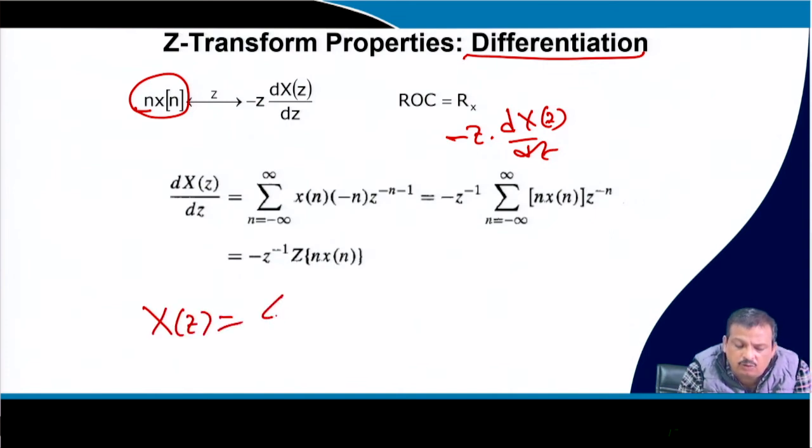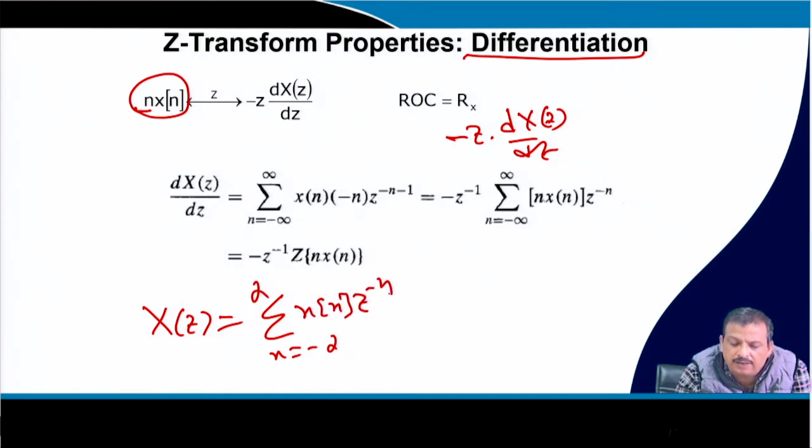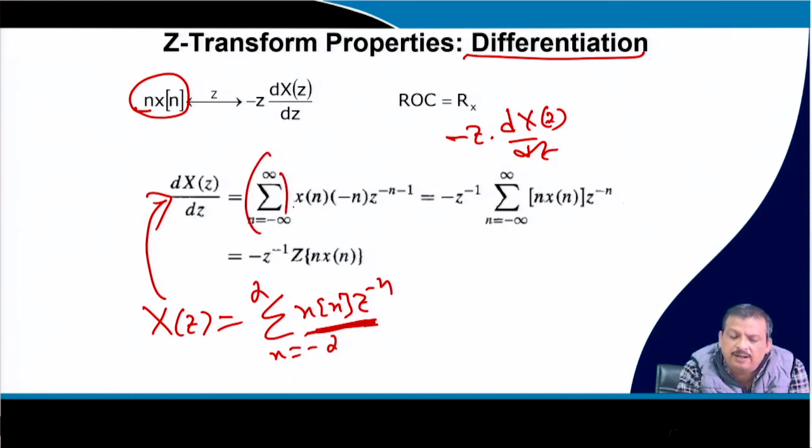X(z) is equal to the sum over n equal to minus infinity to infinity of x of n z to the power minus n. Now, if I want to find out dX(z) by dz, I have to take the differentiation of this thing. This is x of n, so the first order difference is z to the power minus n into minus n z to the power minus n minus 1.